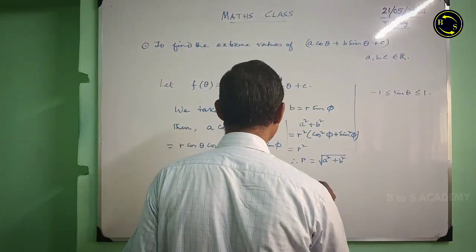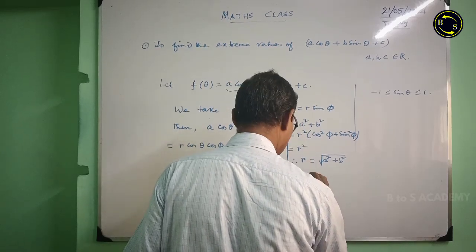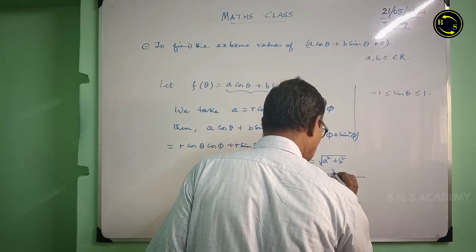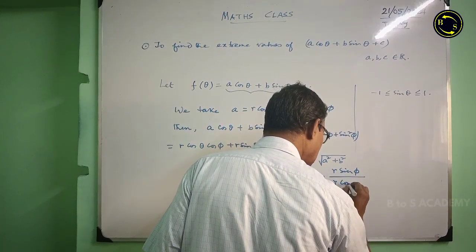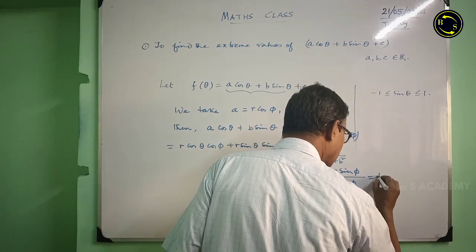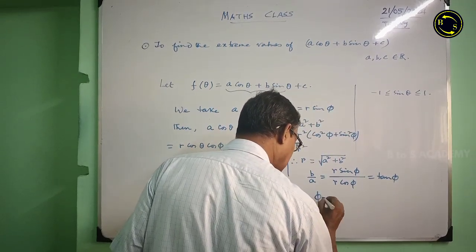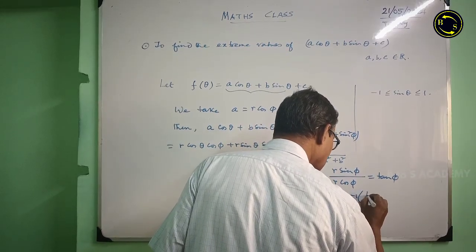And how to get the angle phi? b by a will be equal to r sin phi by r cos phi, that means tan phi. Therefore, from that we get the angle phi equal to tan inverse b by a.